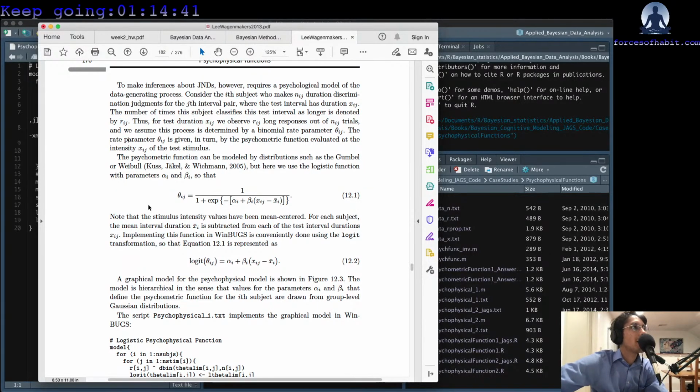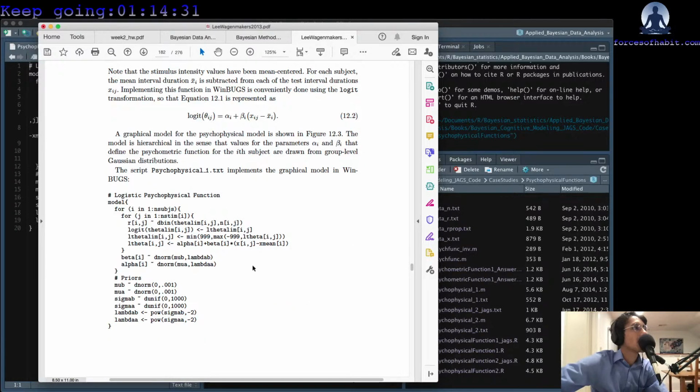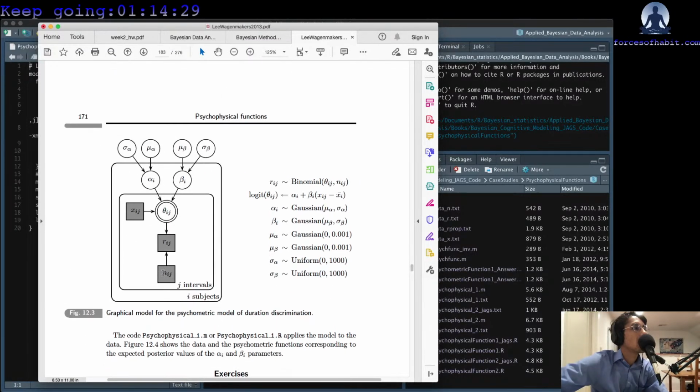So when a subject decides that the second tone is longer than the first, then we get this value for that given trial. Okay. So here's the total number of trials, and we have this plate here, so J intervals and I subjects.